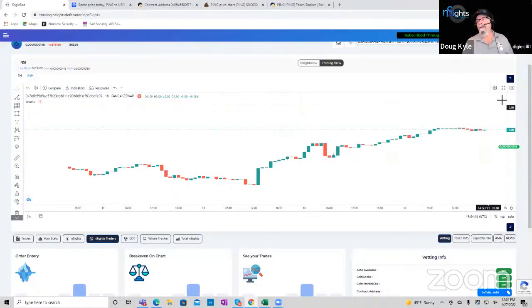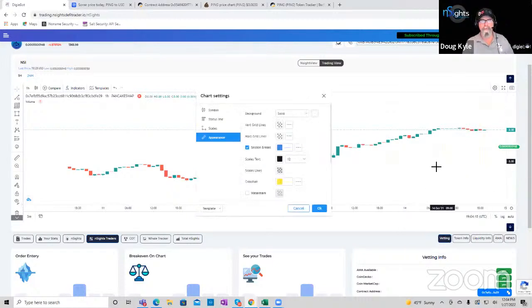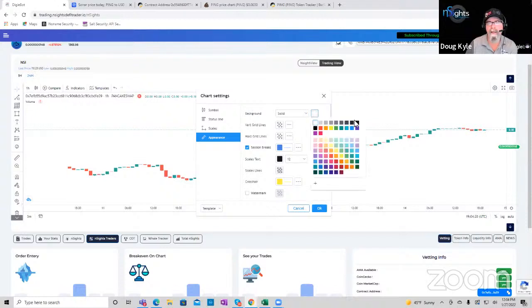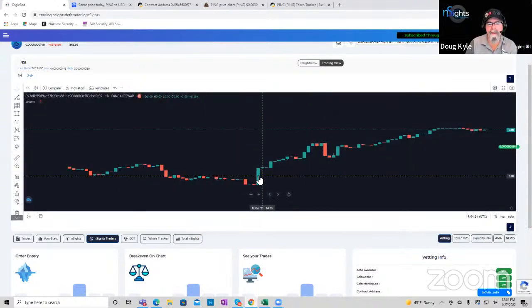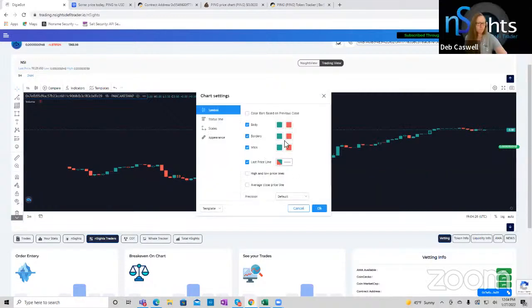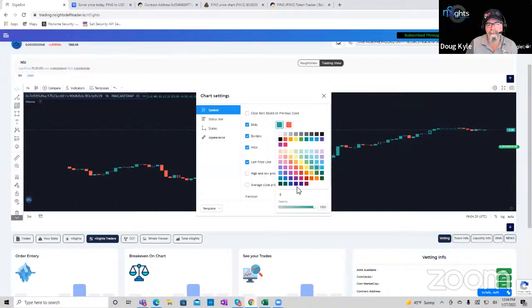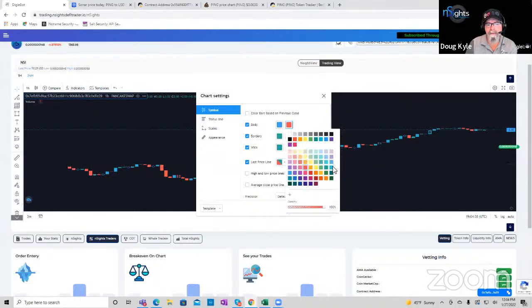And then over here, we have the little tool that allows us to change the background to dark. We can also change the candle colors. Let's go with a light blue up body with a purple down.